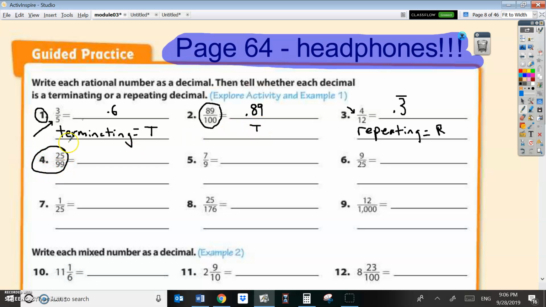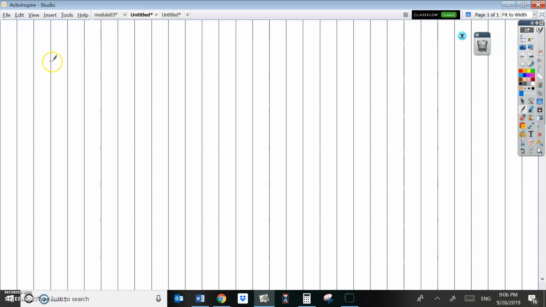25 over 99. Divide the top by the bottom. Okay? And you need a decimal here and a decimal here. Since you know that 99 is close to 100, you know that two 99s fit in 250.